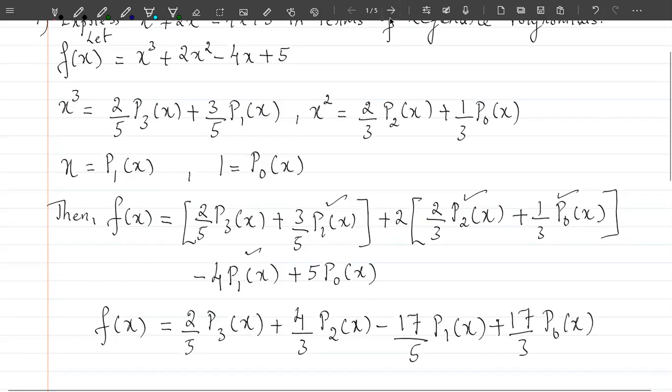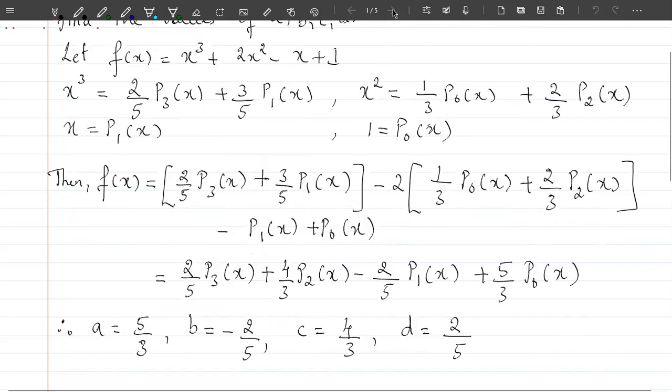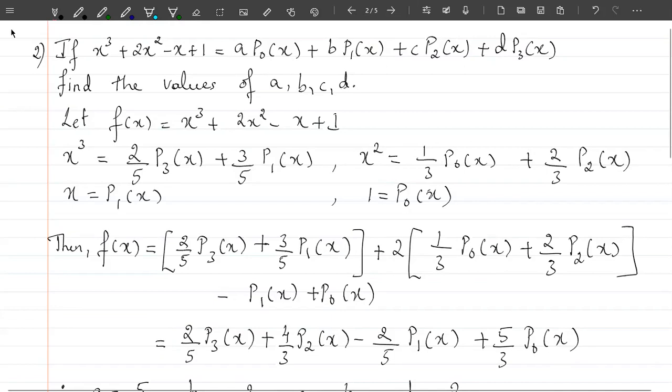Let's solve some similar problems. Second problem: if x cube plus 2x square minus x plus 1 equals a p0 of x plus b p1 of x plus c p2 of x plus d p3 of x, find the values of a, b, c and d.